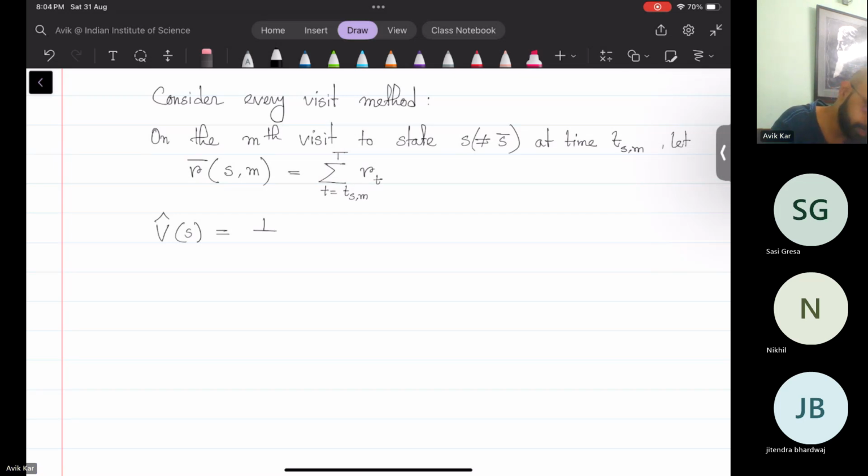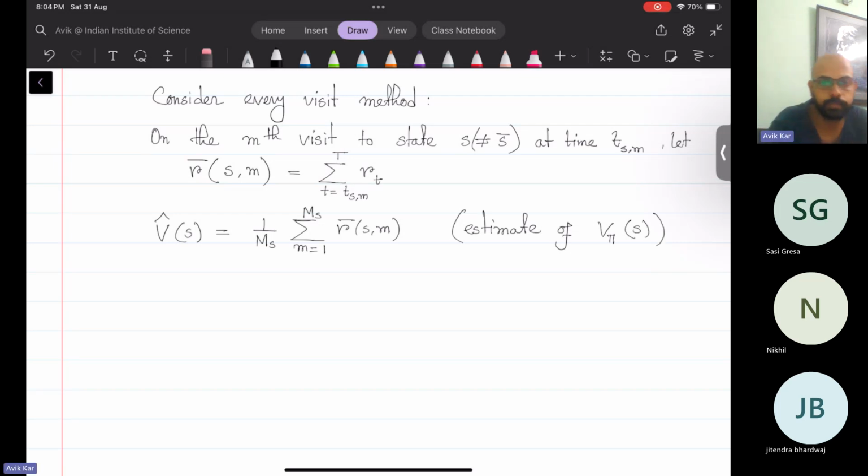We are visiting this state s capital M(s) times. Then it will be the average of all these cumulative rewards, 1 over M(s) times the sum over m equals 1 to capital M(s) of R bar(s, m). This is an estimate of V pi of s, where pi is the policy we are playing.